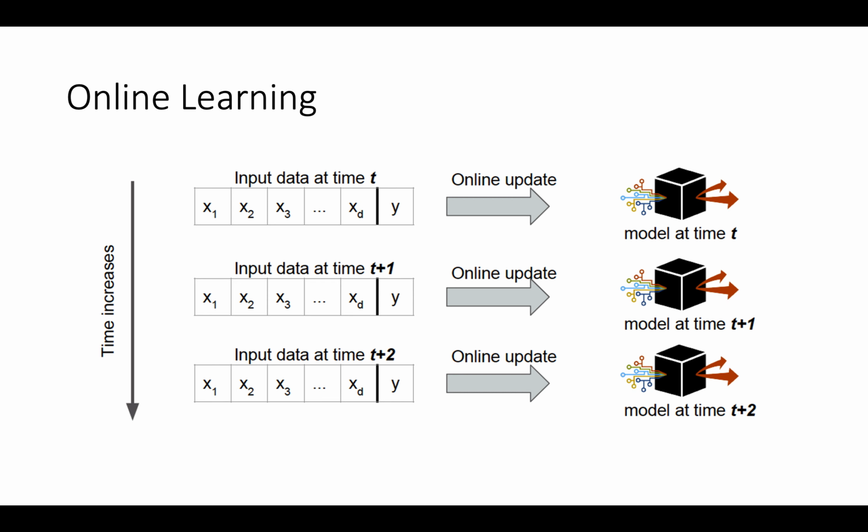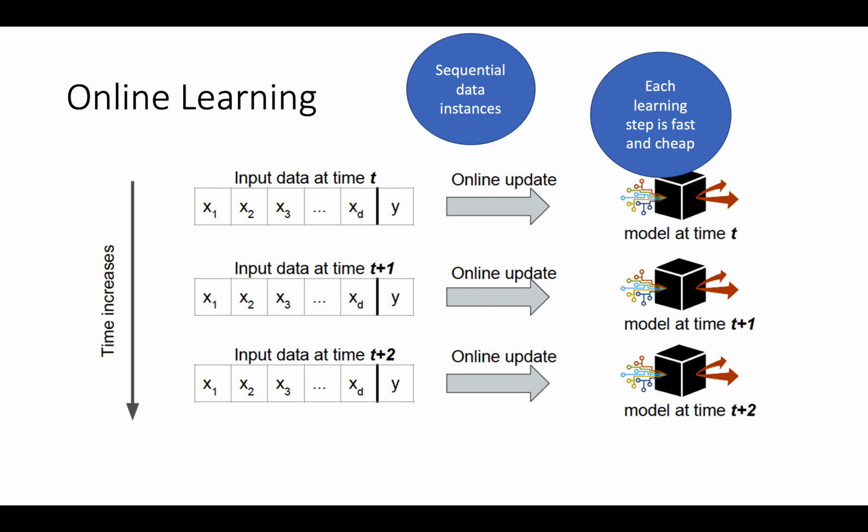In online learning, you train the system incrementally by feeding it data instances sequentially, either individually or in small groups called mini batches. Each learning step in online learning is fast and cheap, so the system can learn about the new data on the fly as it arrives.